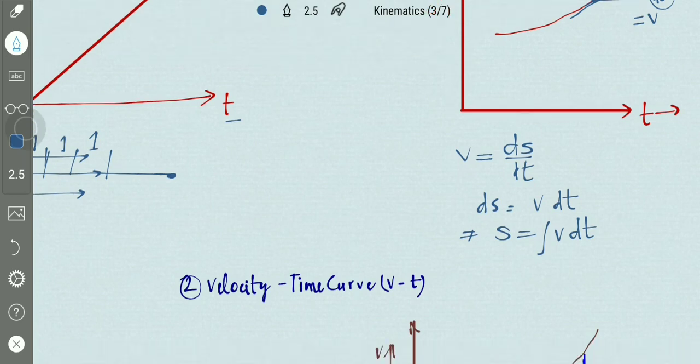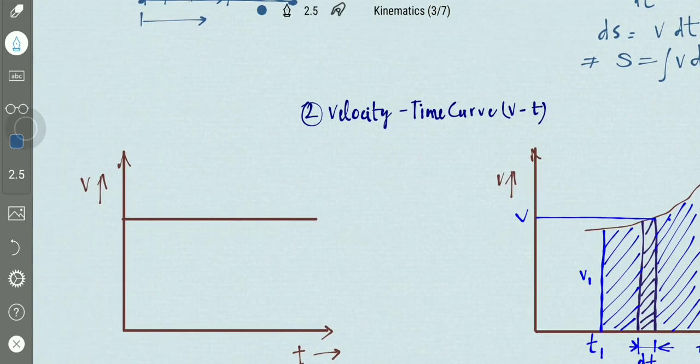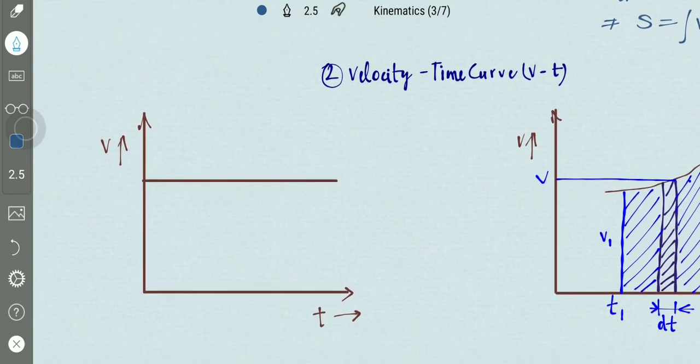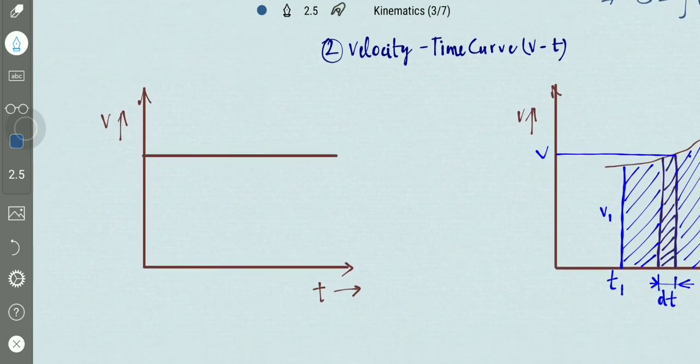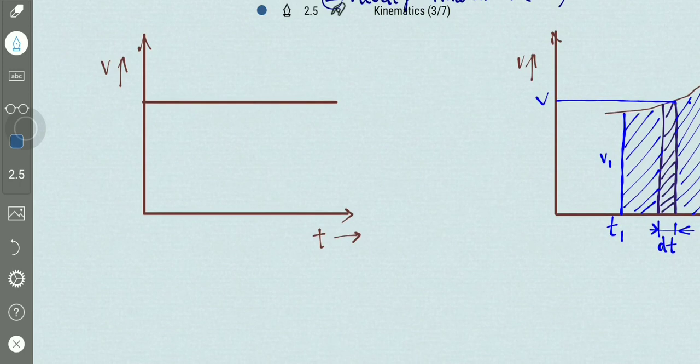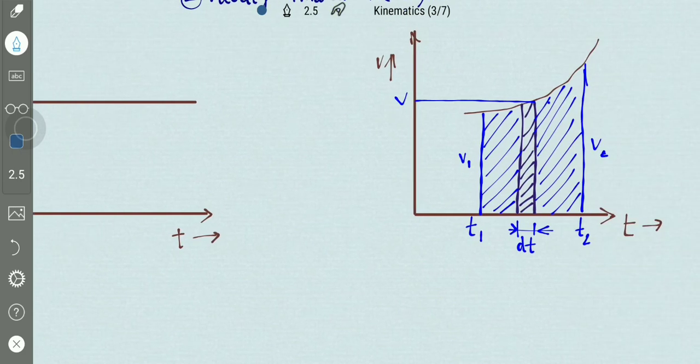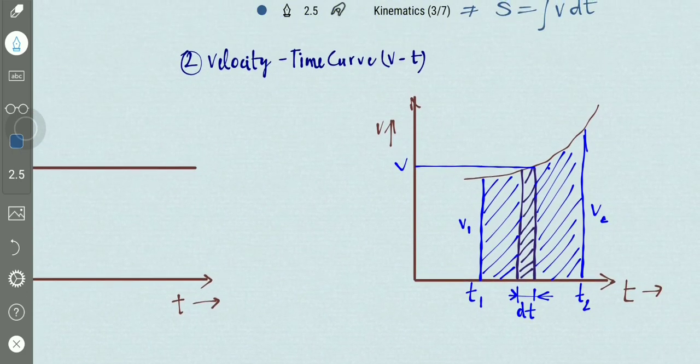So next one is the velocity time curve. In uniform motion, the velocity will be constant, right? So whatever may be the time, the velocity will be constant. So this is a horizontal straight line. And in non-uniform motion, as the time increases, velocity also increases, because it is non-uniform velocity.